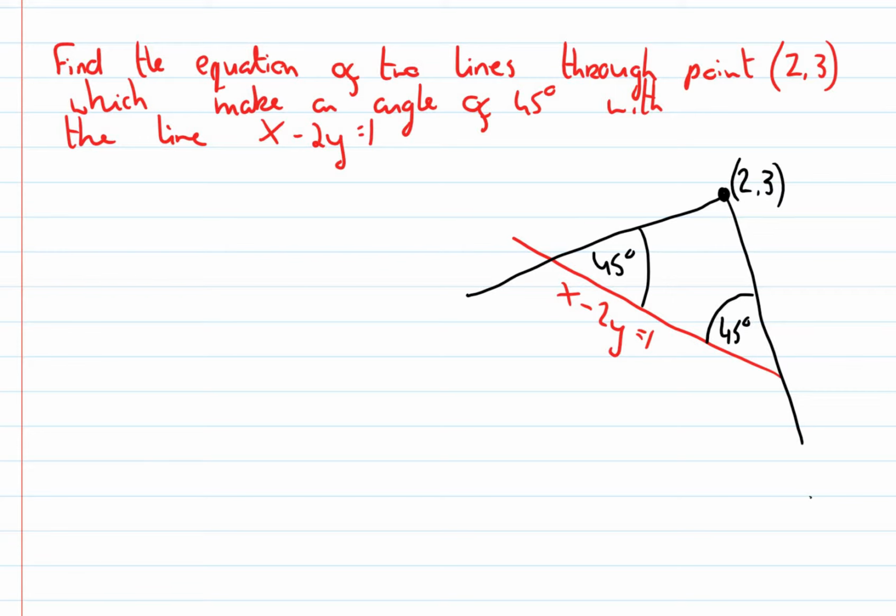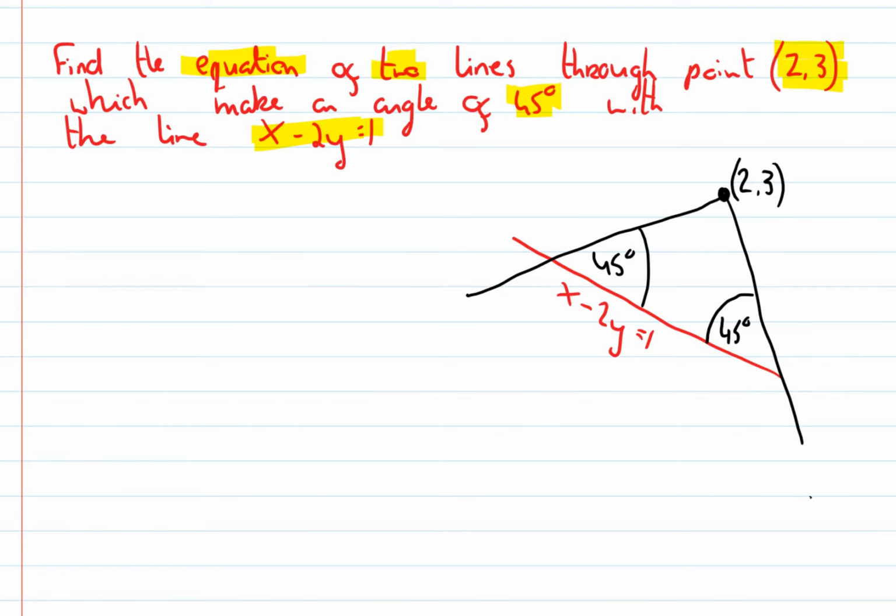Okay, here's a more tricky question in which we'll use the formula for the angle between two lines, but it's not as clear cut as the last one. This one says find the equation of two lines passing through the point (2, 3), which make an angle of 45 degrees with this line here, x minus 2y equals 1. So I've sketched it out here.